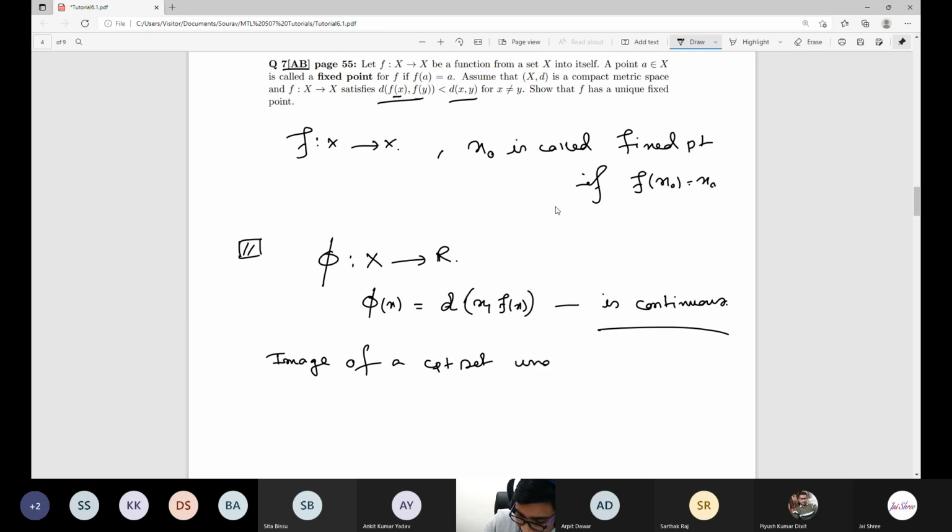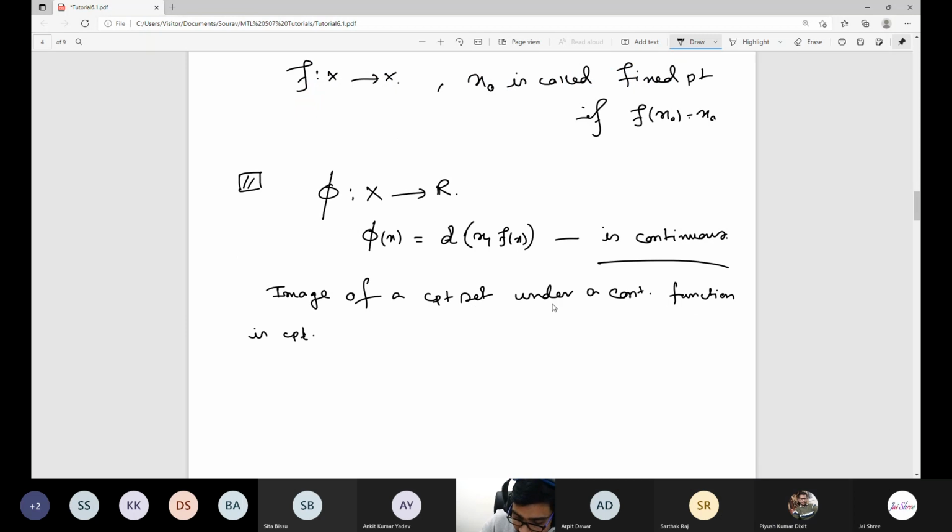Now you see that the image of a compact set under a continuous function is compact, right? Therefore, if you look at the image of phi, this will have a maximum element and a minimum element.